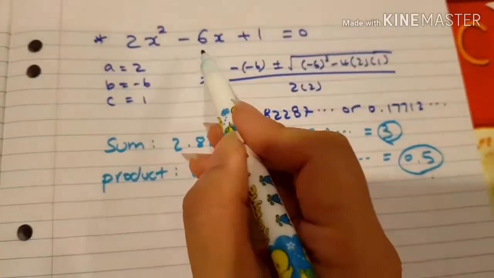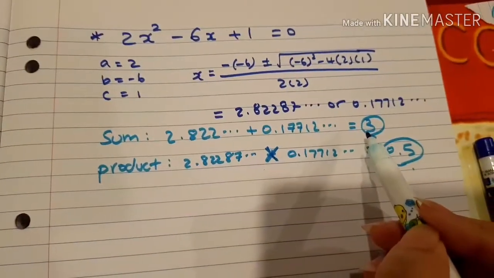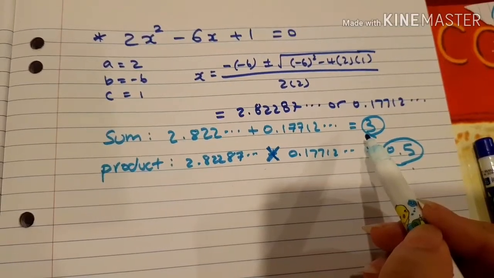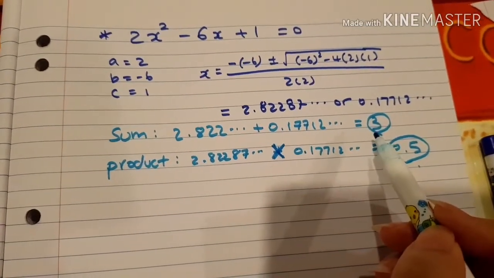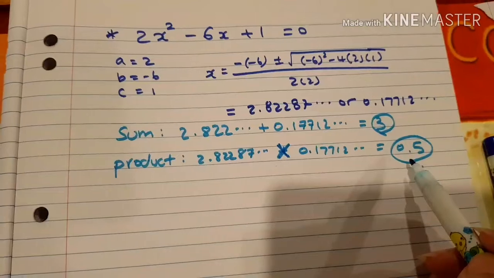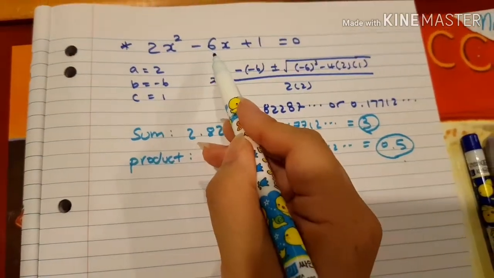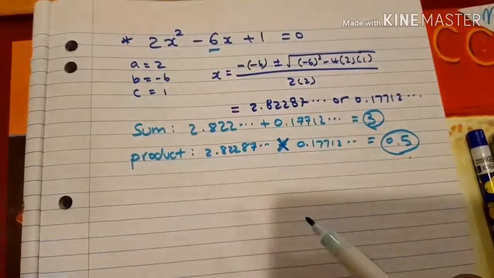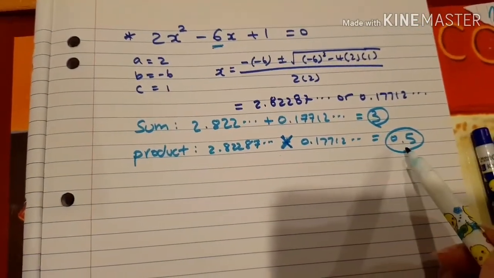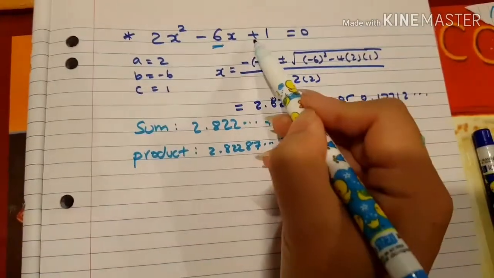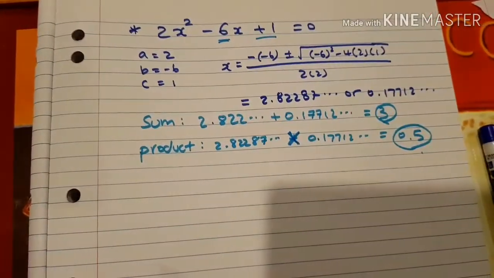Alright, let's have a look. This should be the coefficient of x with opposite sign, right? This should be the constant. But let's have a look. 3, ooh, I have -6. Whereas 0.5, it's +1 here.